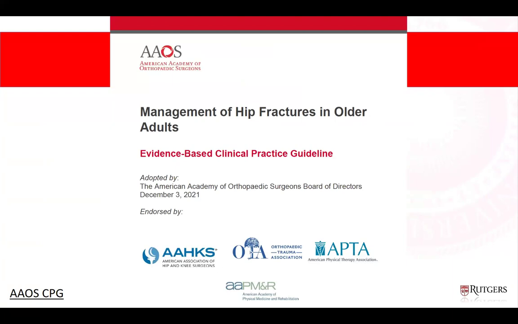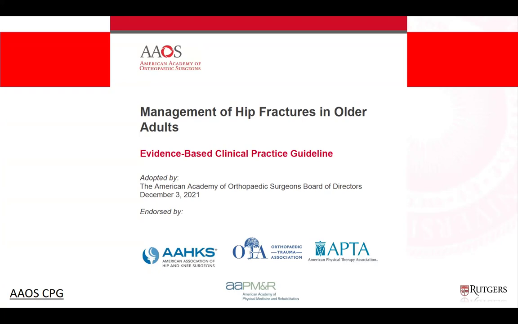The first thing I'll bring up is the AAOS clinical practice guidelines for the management of hip fractures in older adults. These were the updated guidelines that were published in 2021, updated from the first edition that was published in 2014. This is important for a number of reasons.